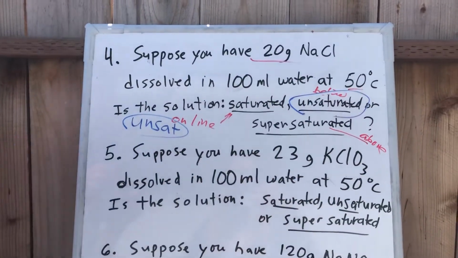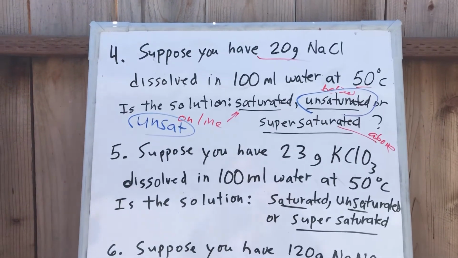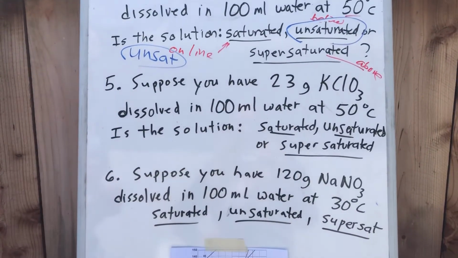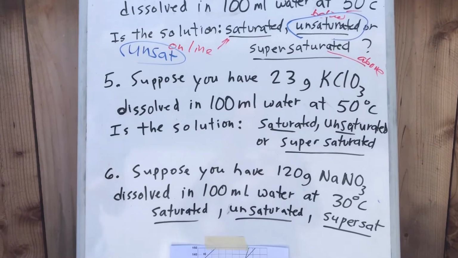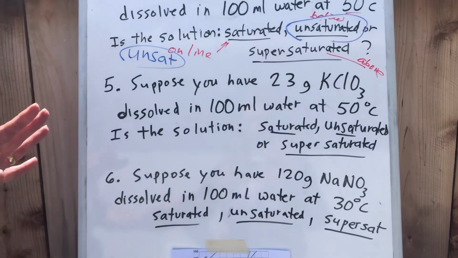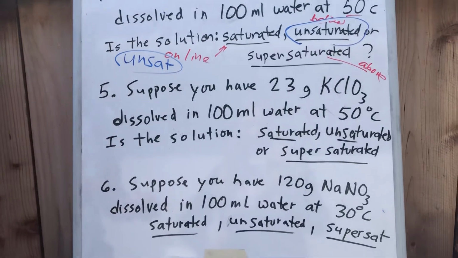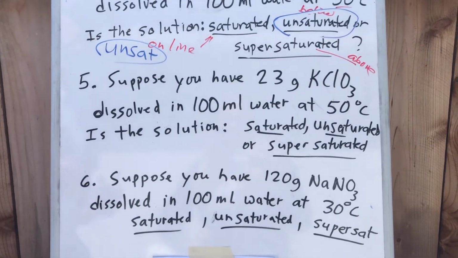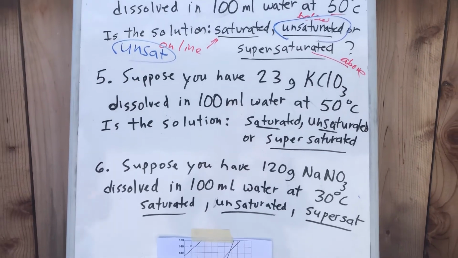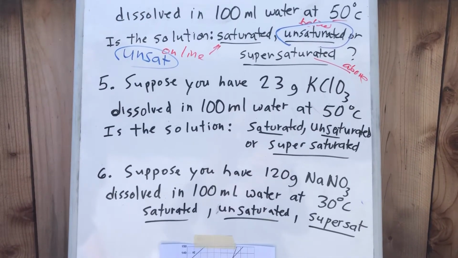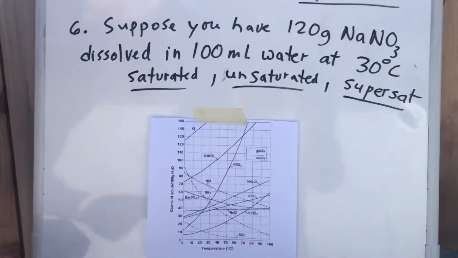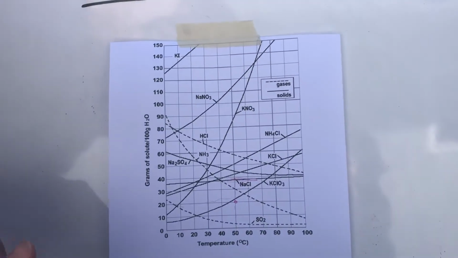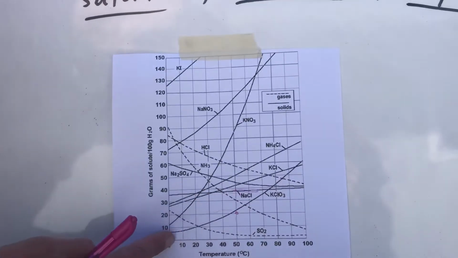Now the next case, we're going to take 23 grams of KClO3, that's potassium chlorate, at 50 degrees. And we're going to ask the same question: is it saturated, unsaturated, or supersaturated? So 23 grams of potassium chlorate at 50 degrees. Let's find our potassium chlorate curve, which is this one here.